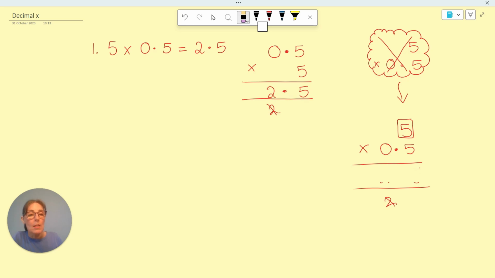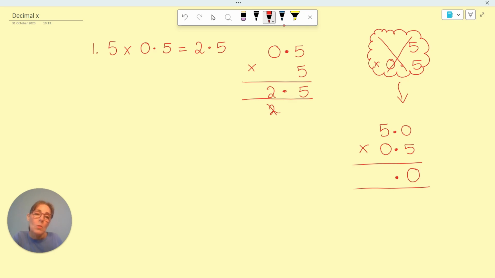So let's rewrite it and put that 5 in the place it's supposed to be, because that isn't 5 tenths, it's 5 ones. So I wonder whether that means we could put the decimal point in the 0. Let's have a look. 5 times 0 is 0. 5 times 5 is 25.